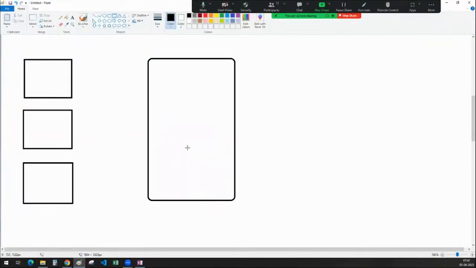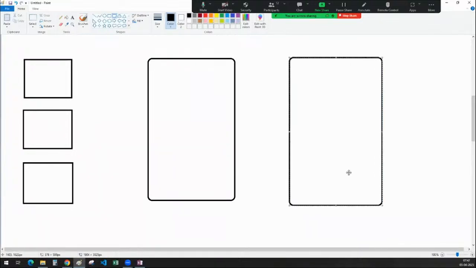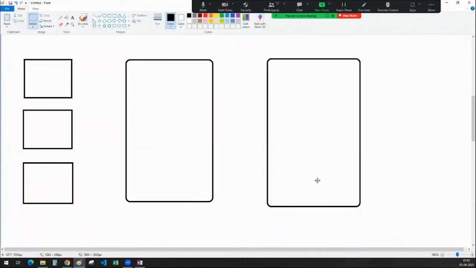Once we have the data in the staging layer, we wanted to send that data to the data warehouse.